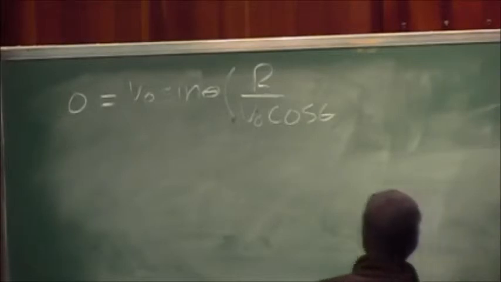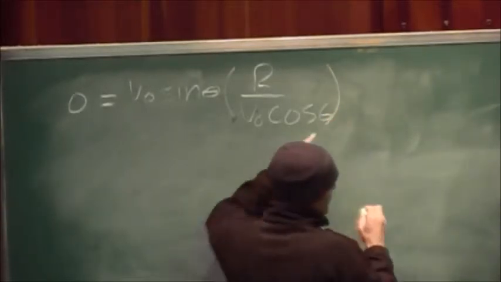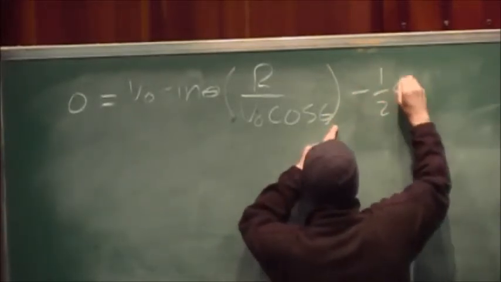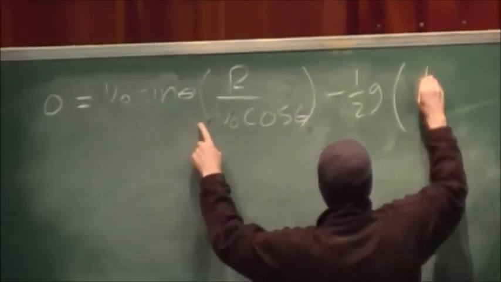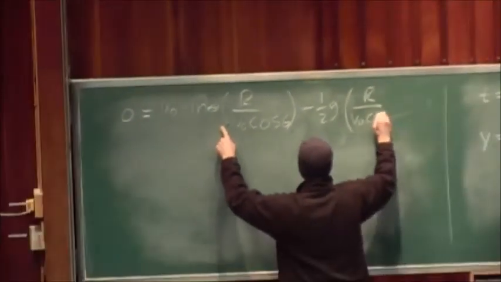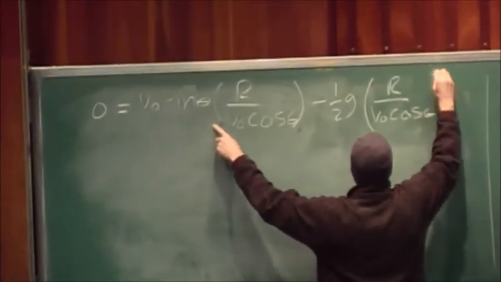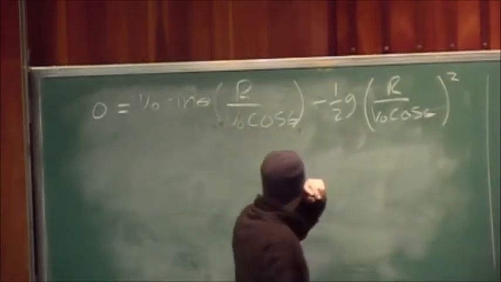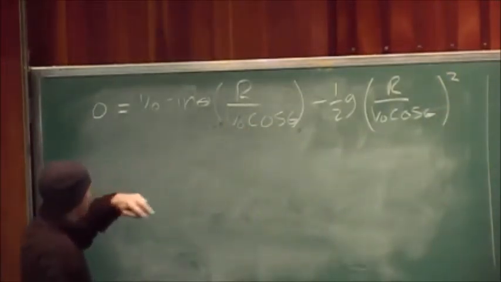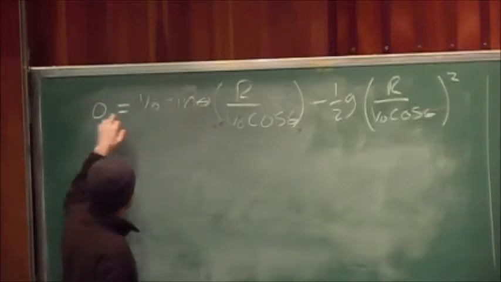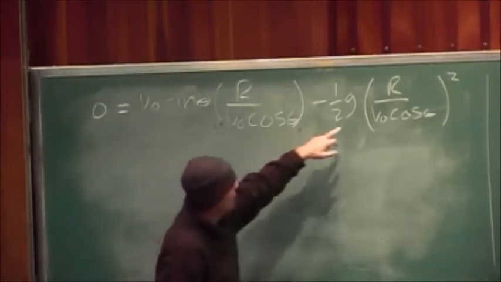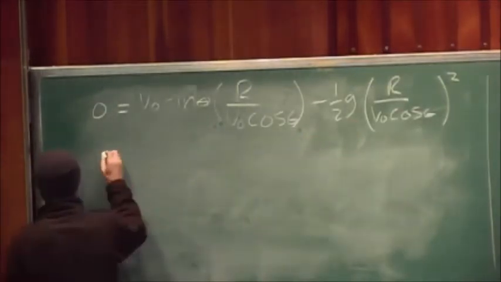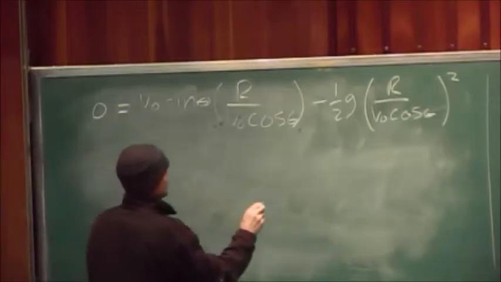Minus 1/2 g, and then we're going to put in this r over v0 cosine theta, squared. Now that's easy to solve, right? We bring this to one side, and keep this over here. The v0s cancel.